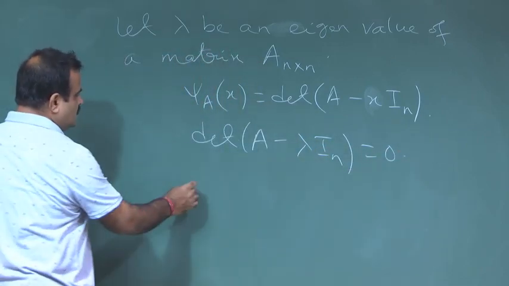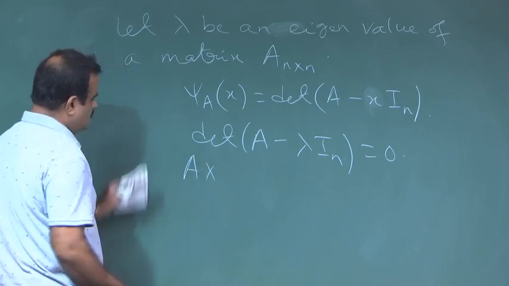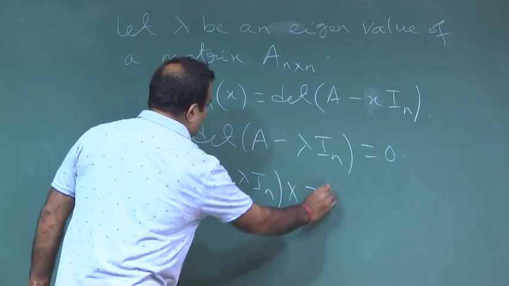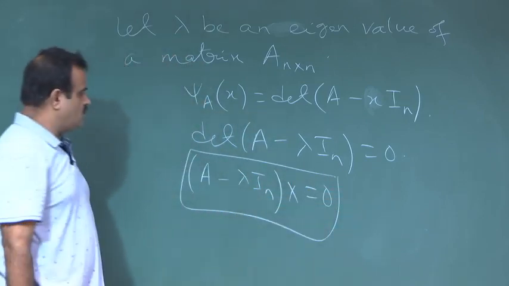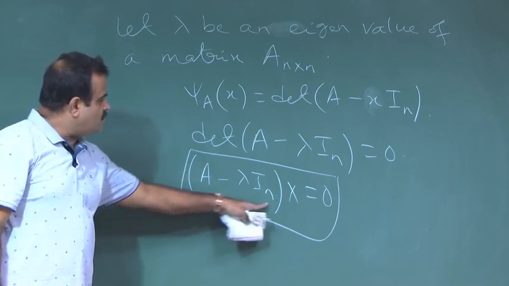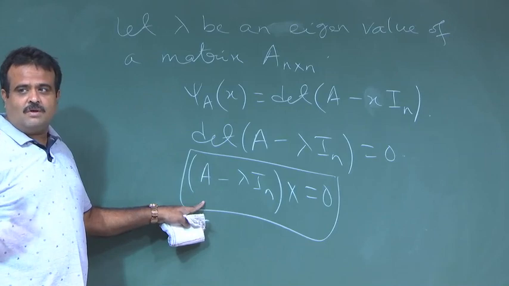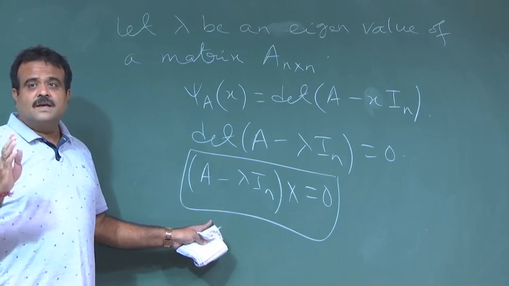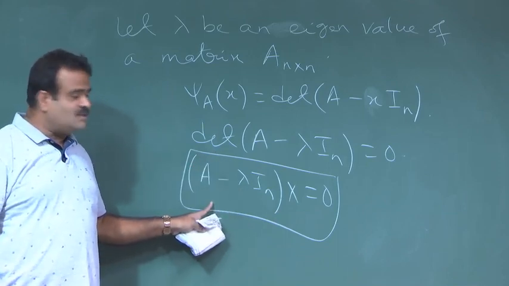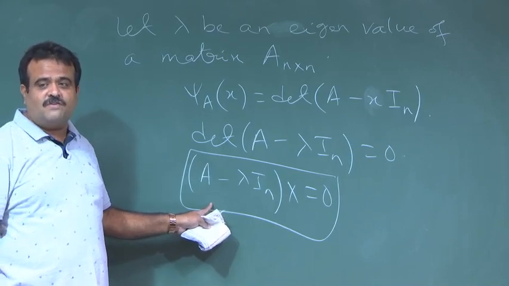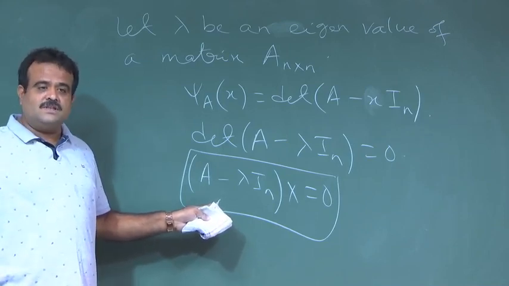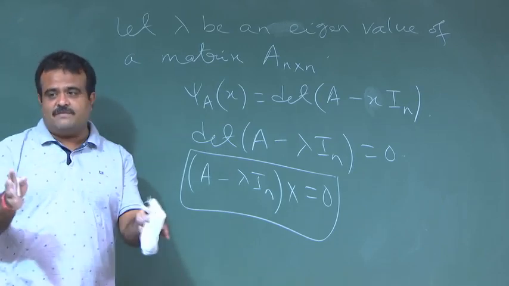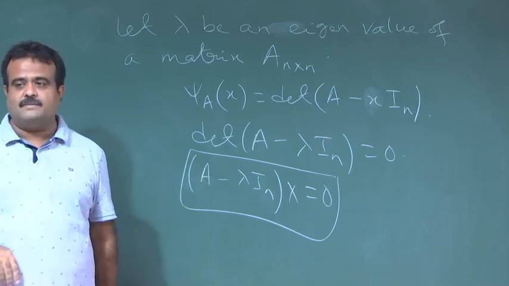So, if we consider this homogeneous system of equations, (A minus lambda I n) x equals 0, then because this determinant is 0 it has many solutions. If the determinant were non-zero, it would have only one solution, which is 0. But the determinant is equal to 0, so it has infinitely many non-zero solutions, and each of these is an eigenvector corresponding to this eigenvalue lambda.